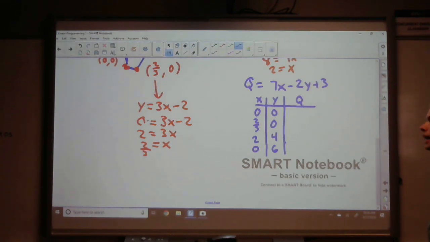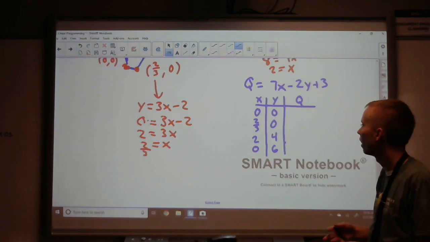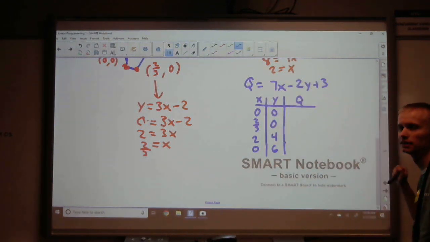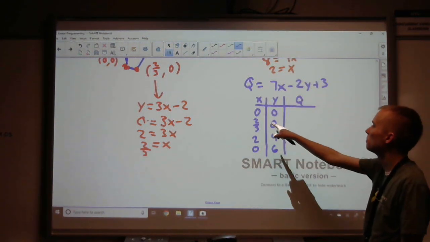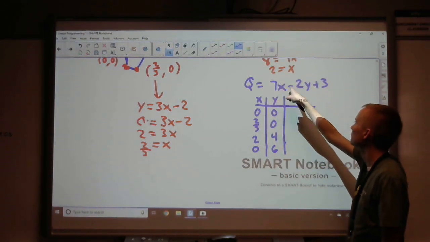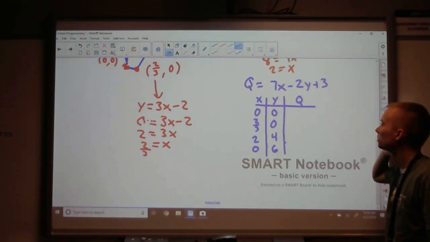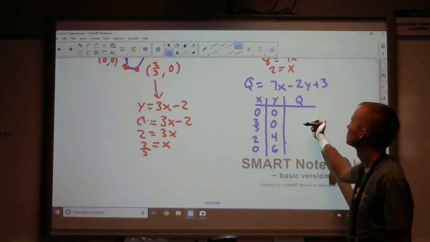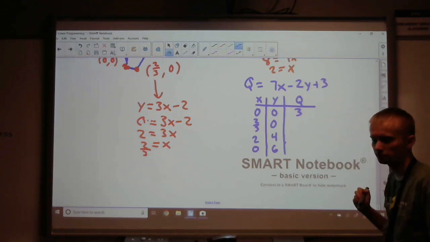Okay? So now what I do is I just plug in these x's and y's into this equation and see what I get. So when I put in 0 for x and 0 for y, I get 7 times 0. 2 times 0 is just 0. That's going to give us 0. Plus 3 is just 3.